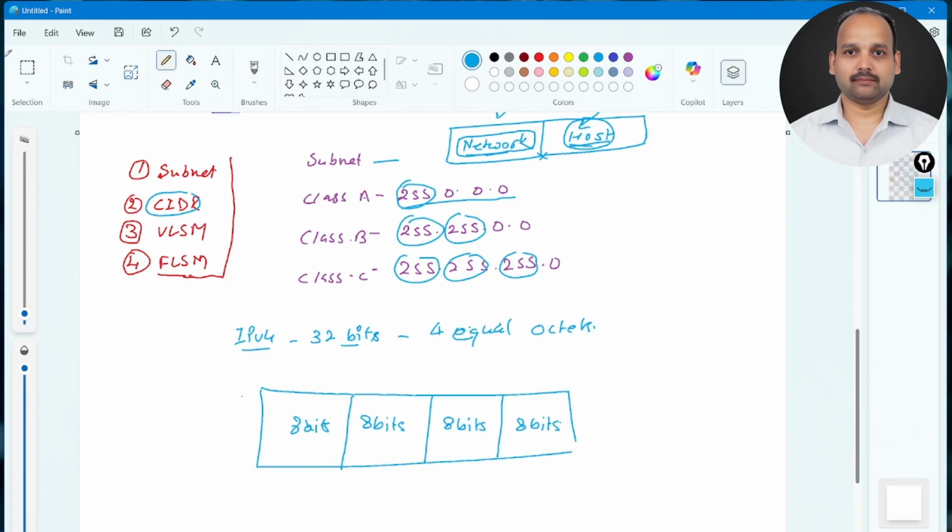If you remember, binary has two numbers, 0 and 1, and IP version 4 is written in binary. So the maximum I can use in one octet is 8 bits, and this is the same for every octet.